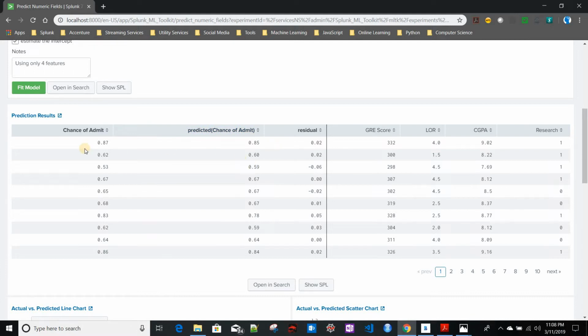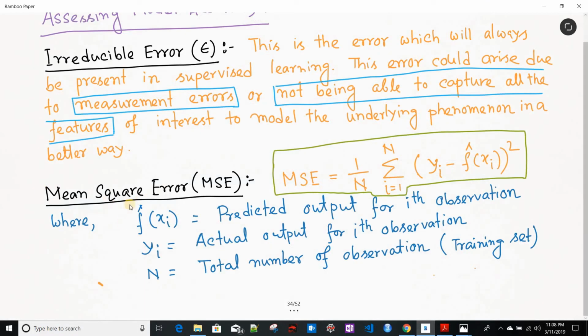So we are subtracting these two, taking the square and taking the average. That is what we define as the mean square error. As the definition says, f bar is my predicted output for the ith observation, yi is my actual output for the ith observation, and n is my total number of observations.